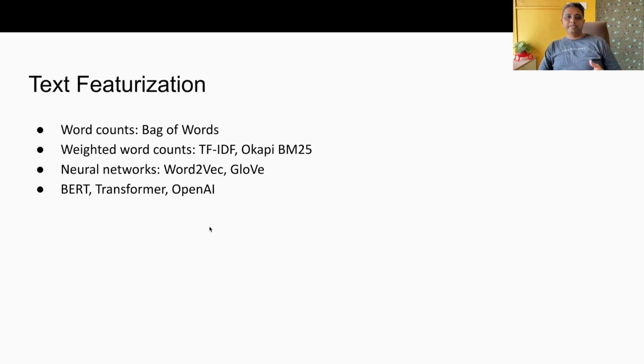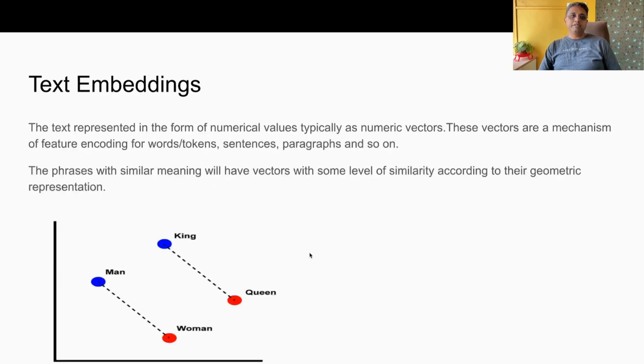At present we are using LLMs, which are largely based on transformer models, from Vaswani's paper around 2017. Those algorithms behind the scenes are used to create the numeric representation of text, which is ultimately the text featurization process.